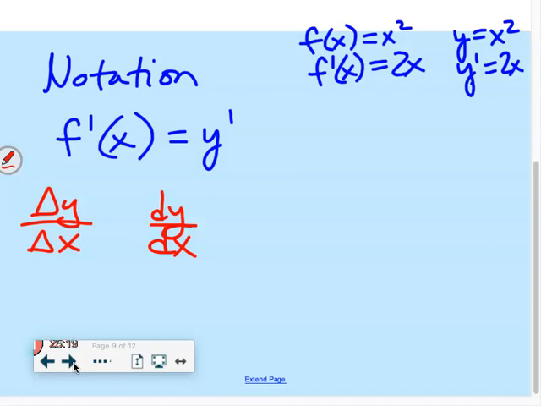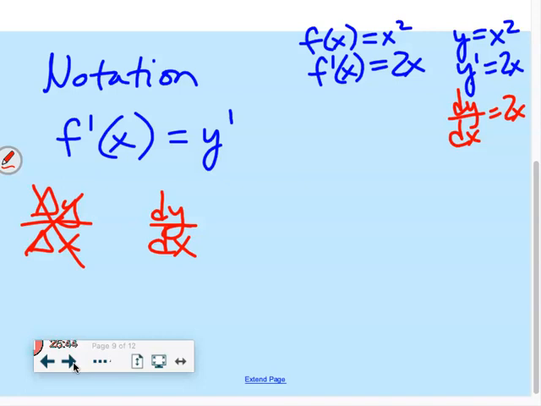So we've gone from delta y delta x to dy dx. That's now Leibniz notation for derivative. All of these things mean the same thing. They mean derivative. So for example, I could also write dy dx as 2x. It's synonymous. Same thing, same thing, same thing.